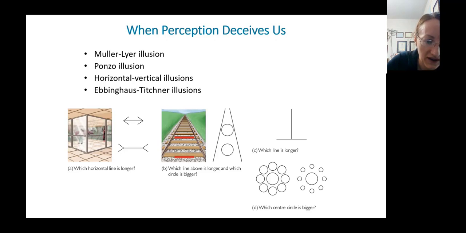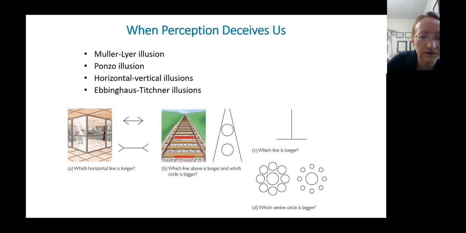Well, the circle at the back over here would be bigger if it appeared to be the same size as this one because it's further back in the distance. And the same thing happens here with these lines. So these lines are of exactly the same length, but this one looks longer. So it's messing with your sense of perspective and distance.